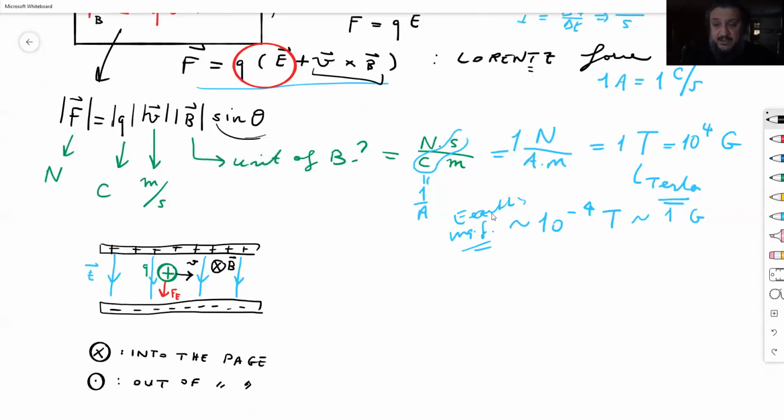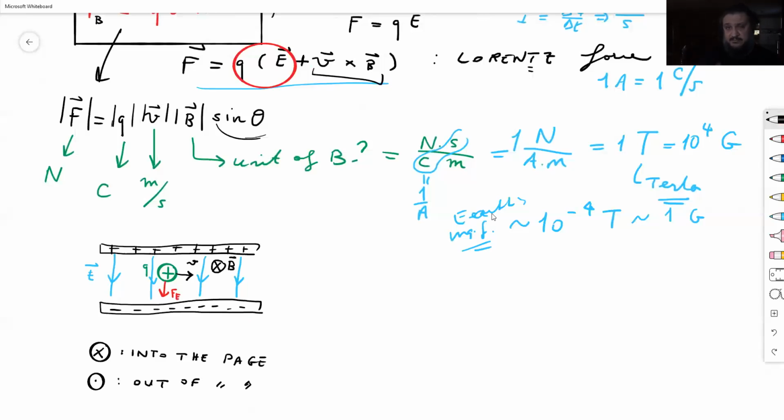So there will be a force on the moving charge because the angle between V and B is not 0 or 180. How do we find it? Again, the right-hand rule. With your 3 fingers, it's a positive charge, put your thumb in the direction of the velocity and index finger in the direction of the magnetic field. You guys do it when you're watching this video.